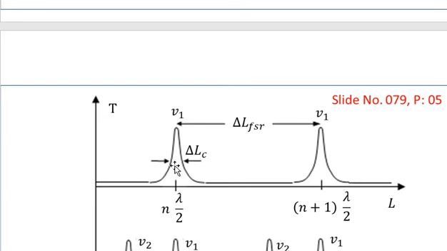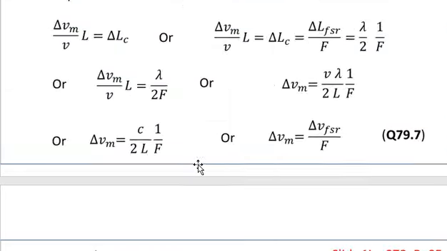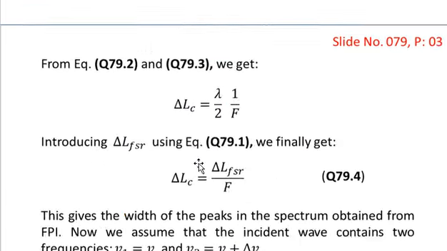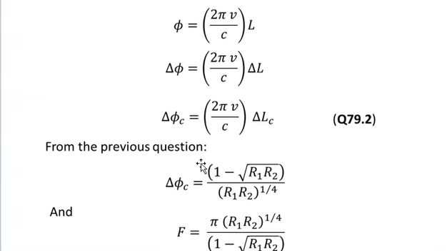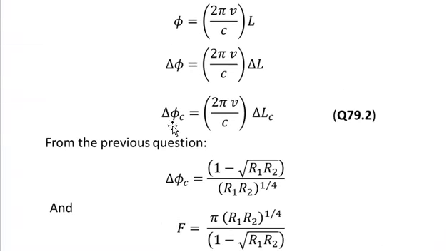And delta LC is the width of each peak in terms of the physical distance, and this is at the half maximum. So delta LC is also known to us. So you see that in this equation delta LC is known, and delta phi c is actually the corresponding phase value.